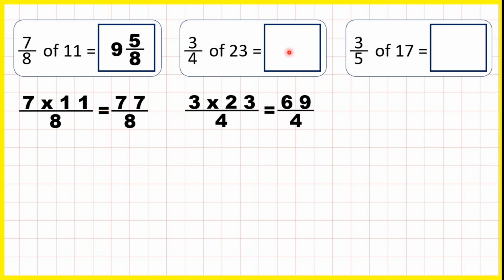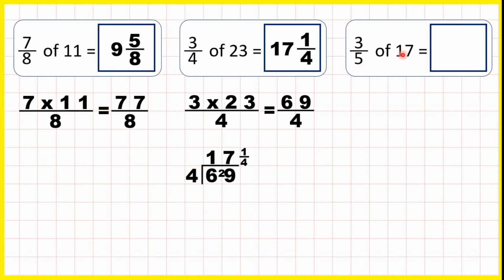And if we want to change that back to a mixed number, we need to work out 69 divided by 4. 6 divided by 4 is 1, remainder 2. 29 divided by 4 is 7, remainder 1. So the remainder is our numerator, and the denominator stays the same. So 3/4 of 23 is 17 and a quarter.